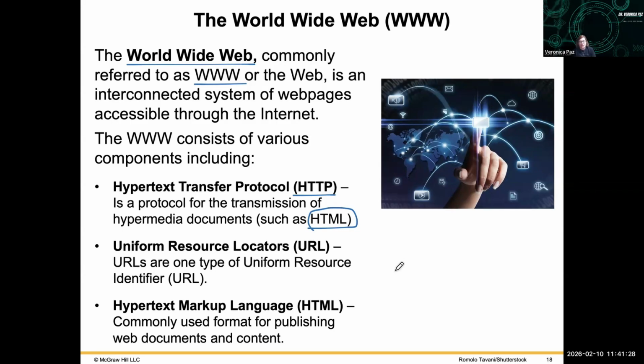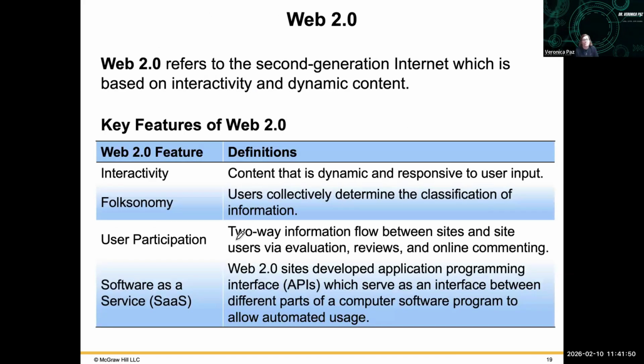Those are hypertext markup language, as you see here. This hypertext markup language is just what we format to make our web pages pretty. And then the URL, the Uniform Resource Locator, that's like the actual website address. So in our case, www.iup.edu. That's our URL.